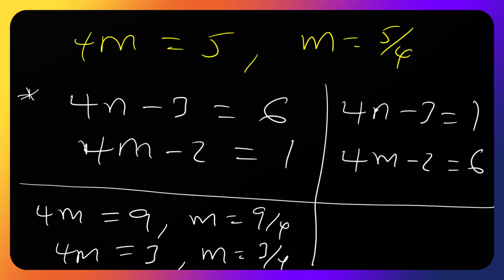And this side, 4n equals to 4, and n is 1. And this side here, 4m equals 8. So my m, 8 on 4 will be 2. Okay, so that's that.